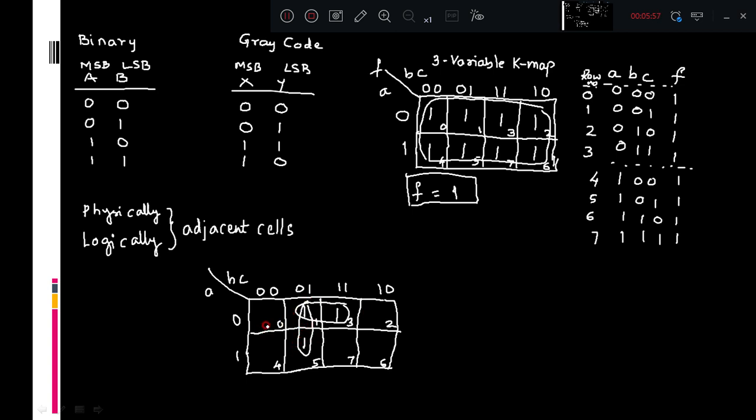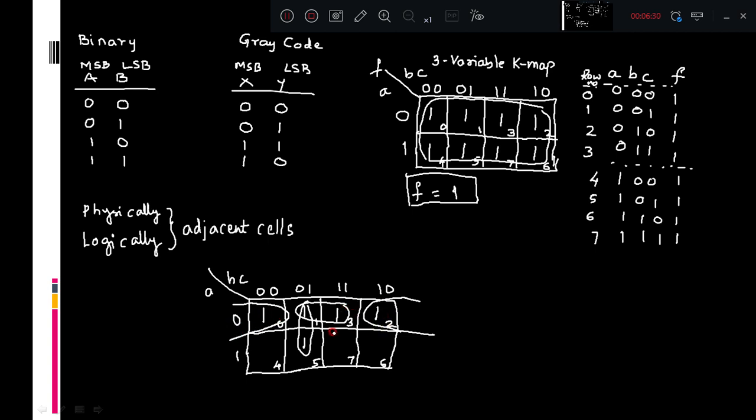If you observe, say 1 is present here and 1 is present here. In this case, even though in 0 0 0 this cell and 0 1 0, in these two combinations 0 and 2 only 1 bit variation is there. Even though they don't appear physically adjacent, logically they are adjacent, 0 and 2.